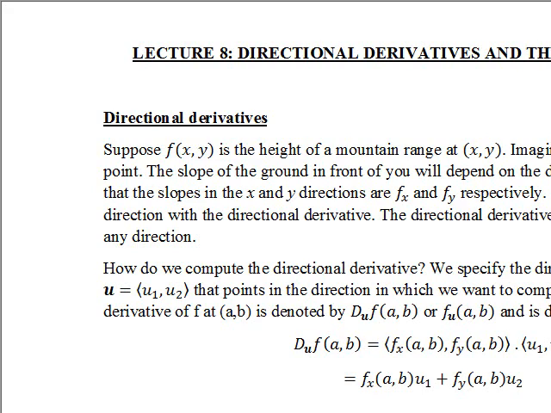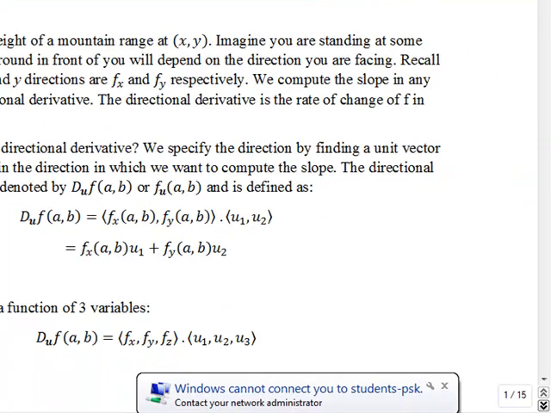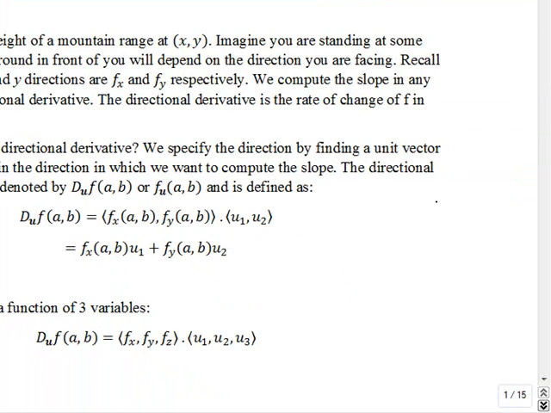Okay, so to be uniform, to be consistent, we specify the direction by taking the unit vector that points in the direction in which you want to compute the slope. So you always take the unit vector, right? And remember how you find the unit vector? We did that earlier on, right at the beginning of this course. How do you find the unit vector in the same direction as another vector? You divide that vector by its length. Remember that. Okay, so that's what we're going to do.